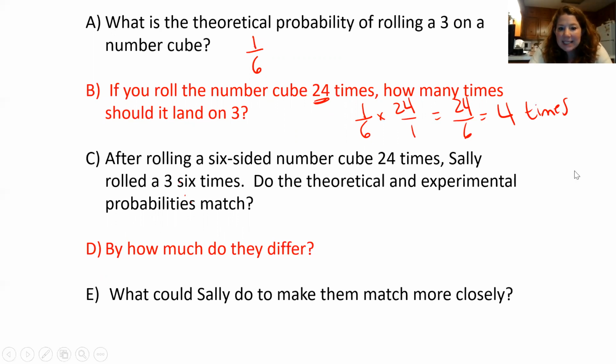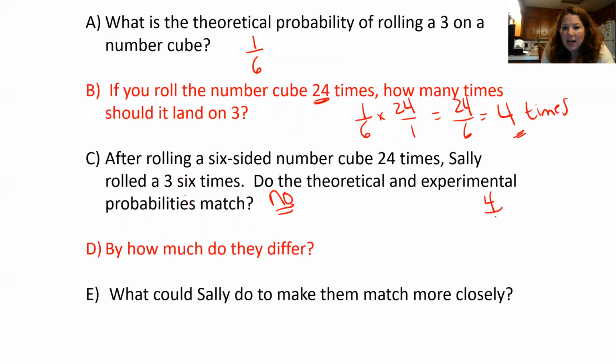After rolling a 6-sided number cube 24 times, Sally rolled a 3 6 times. Do the theoretical and experimental probabilities match? Well, they don't match, right? No, they do not match because theoretically, we would get a 3 4 times.